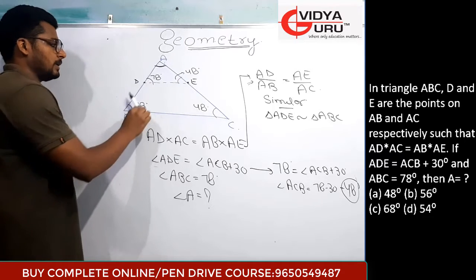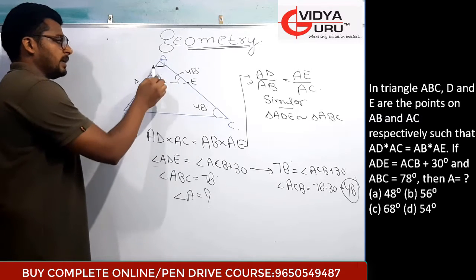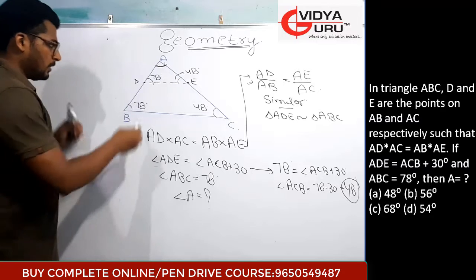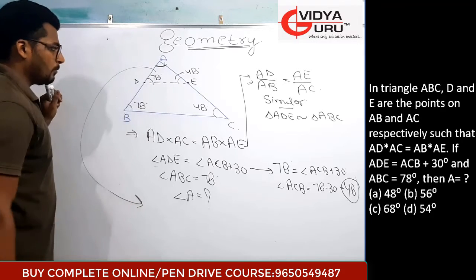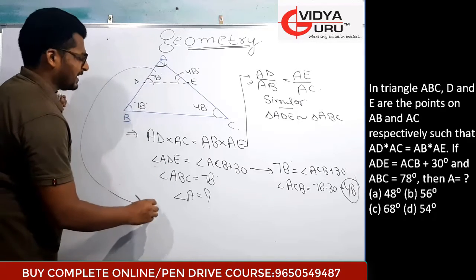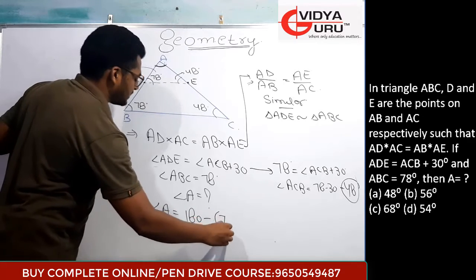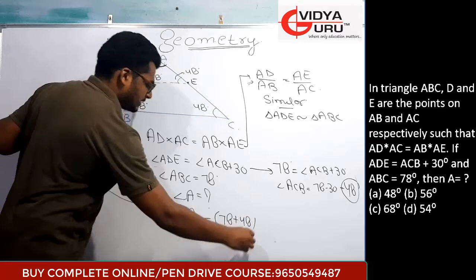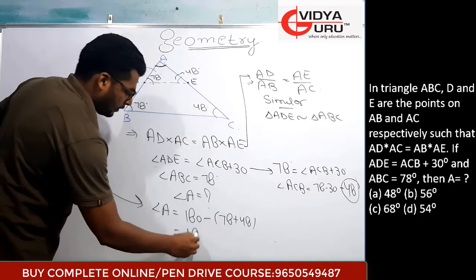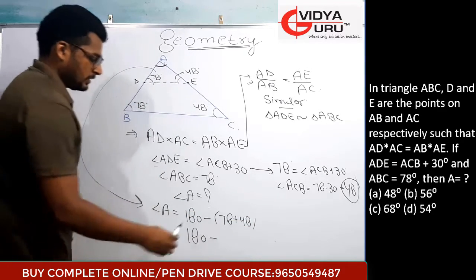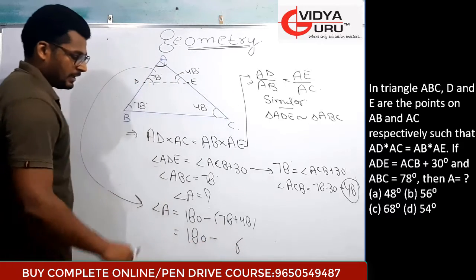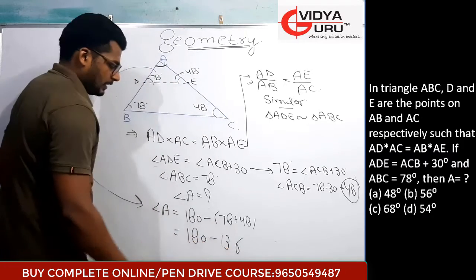Because triangles are similar, these two angles will be equal and these two angles will be equal, and this is common. Now if I apply the property of triangle that the sum of all the angles is 180 degree, then angle A will be equal to 180 minus 78 plus 48, then 180 minus 126.